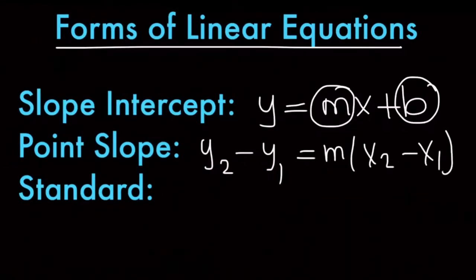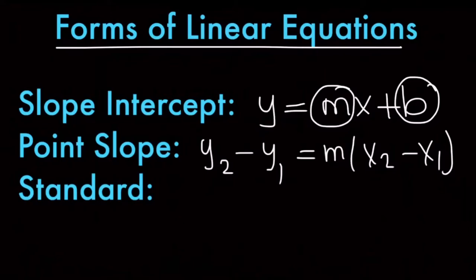This is super useful if they ask you to find points from the slope, where you can manipulate it to this form and find 2 y's, 2 x's, and the slope. If you recognize, this is the formula we were using before to find the slope, y2 minus y1 over x2 minus x1, to directly find the slope, but they manipulated it in this way to be able to find the points and the slope directly.